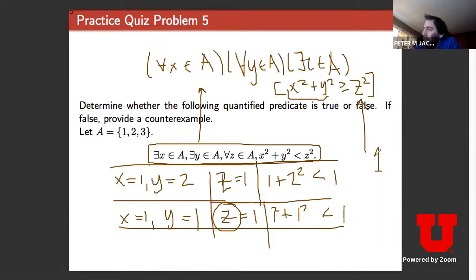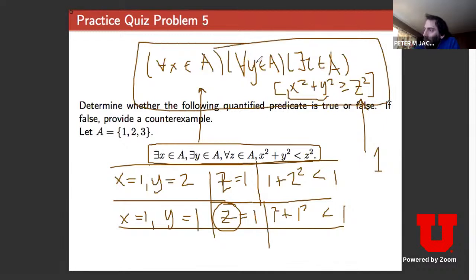So this value of z satisfies this statement. So for all x and y in A, there does exist a z such that this statement is true. Therefore, the negation of the statement is true, and therefore we have a counterexample.